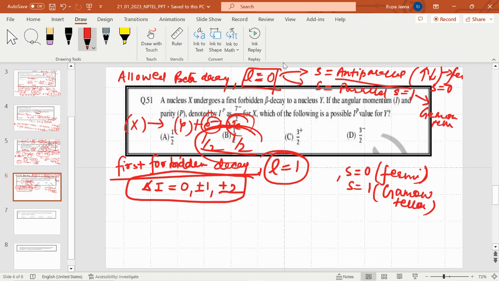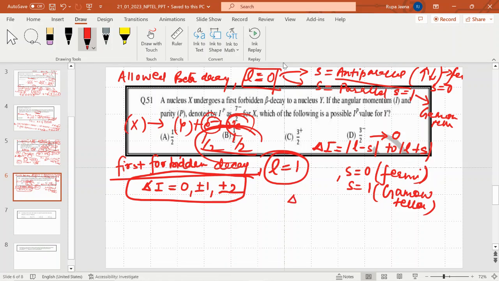Now, how will delta I change? Delta I means total angular momentum. So you know delta I varies from L minus S to L plus S. Take the first condition when L is equals to 0 and S is equals to 0. In this case it is 0 only, because both are 0.